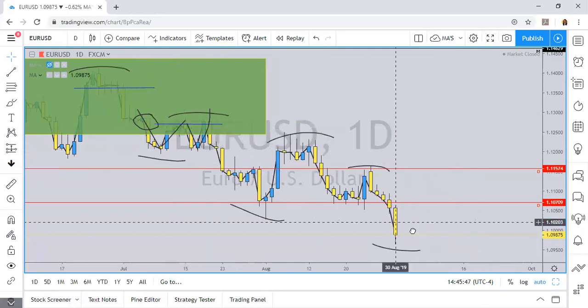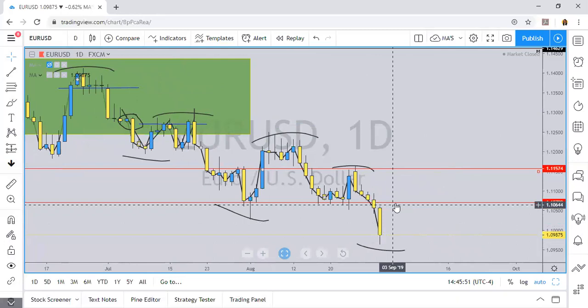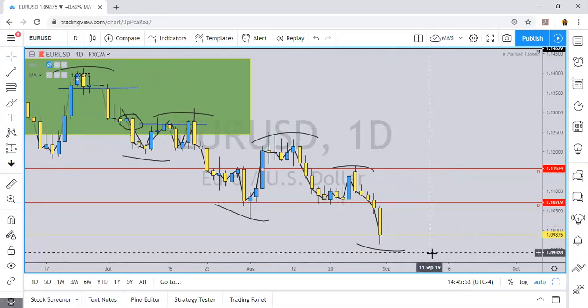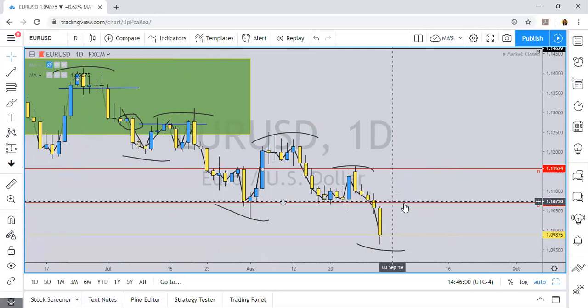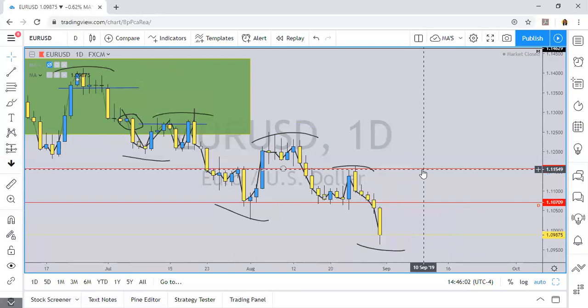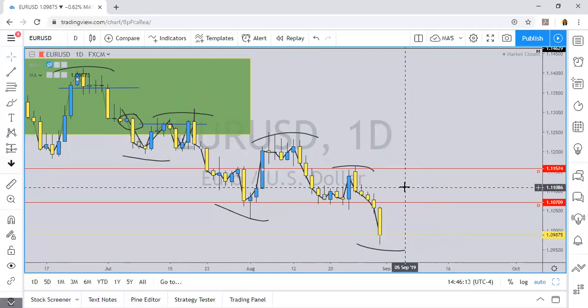So we have our daily key level here, and the market could possibly come back and retest this area and continue to go down, or the market can close above this key level, retest it, and possibly come here to this key level. So the market likes to always go back to those key levels, those supply and demand zones.